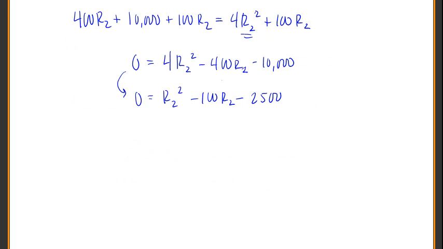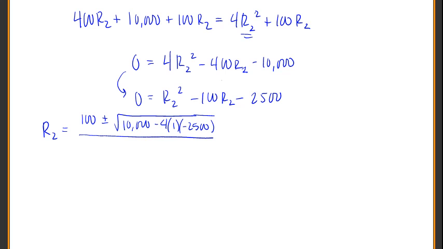Okay, I'm going to give you guys a heads up. This thing can't really factor. So since it can't factor, let's go to the next best thing. Let's use the quadratic formula. So R2 is equal to negative b, so it's 100, plus or minus the square root of b squared. So 100 squared is 10,000 minus 4 times a times c, all over 2 times a, so 2 times 1.